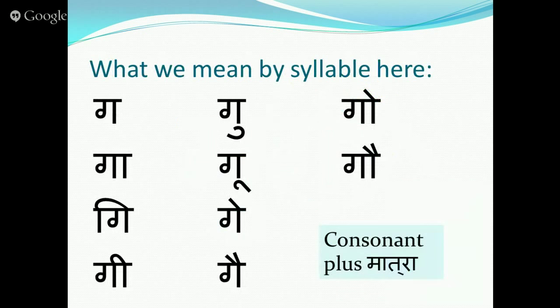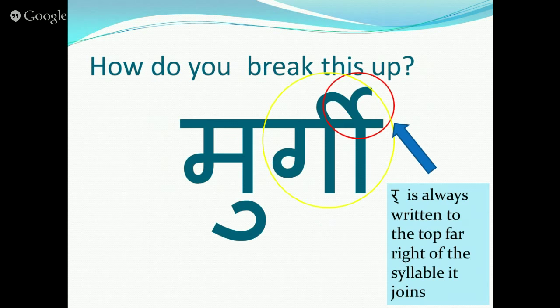Now we're going to look at what we mean by syllable here. These are syllables: ga, gi, gu, ge, go. These are syllables. It is a consonant followed by a vowel sound, a mata. So here, notice that the ra is to the far right, overlapping with the i.